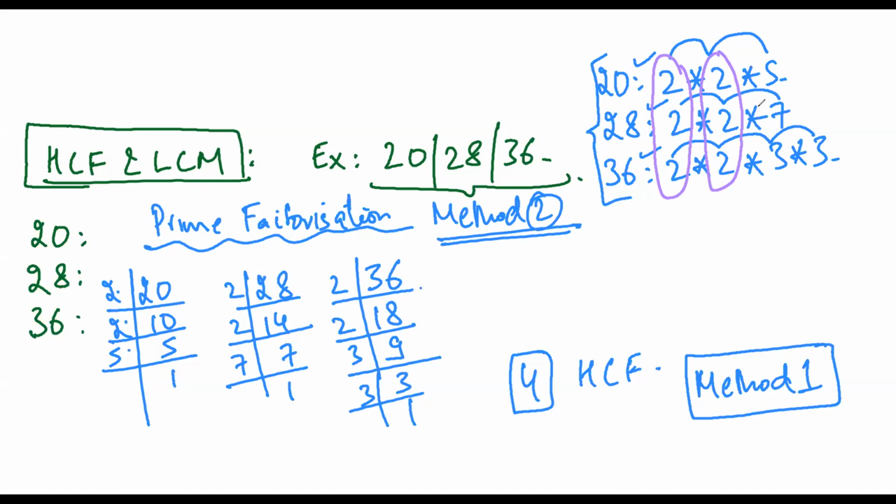Is there any other common factor? No, sir. Because there is no other common factor, my HCF is 2 into 2, which is equal to 4.